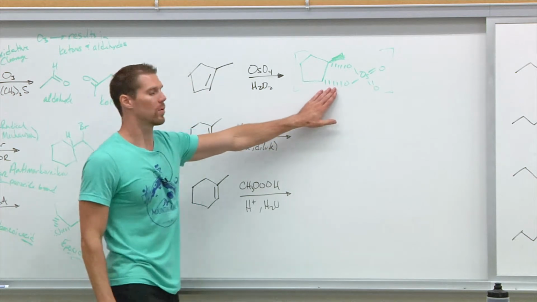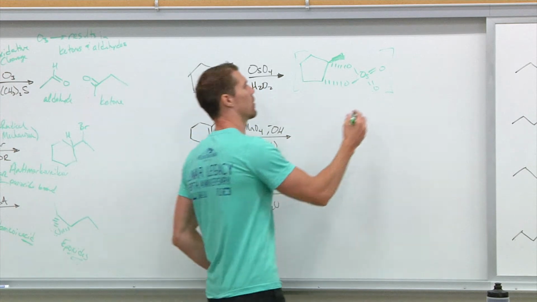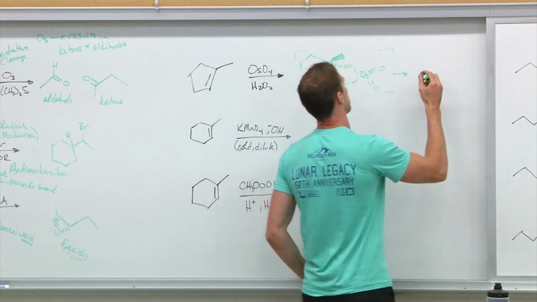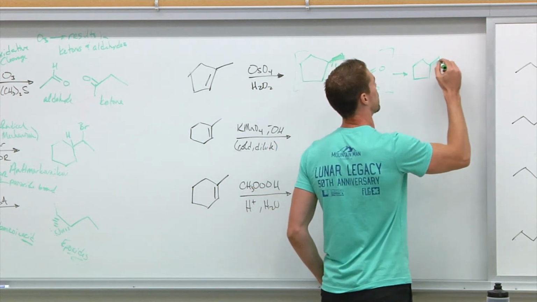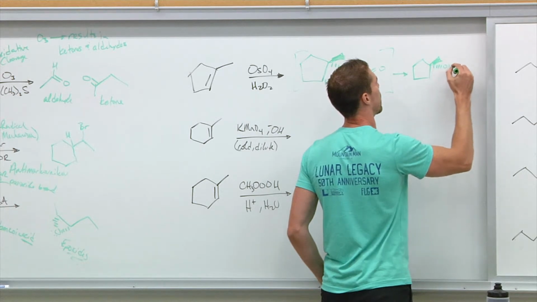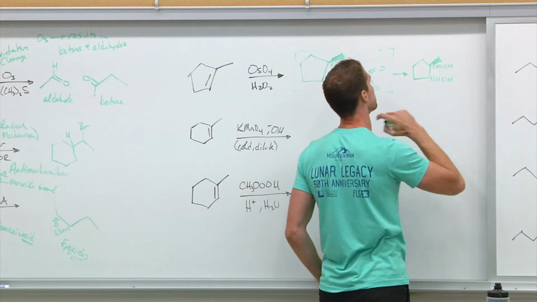And just like when our NaBH4 or our BH2 added to the same side like this, we got a syn addition. Same thing. We're going to get a syn addition here as well.